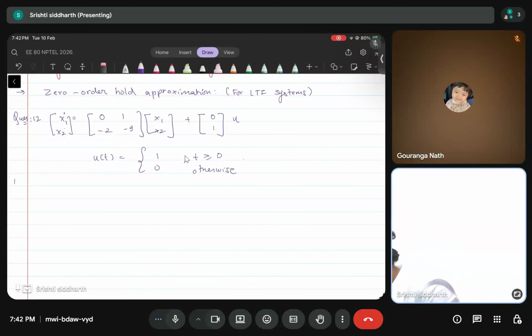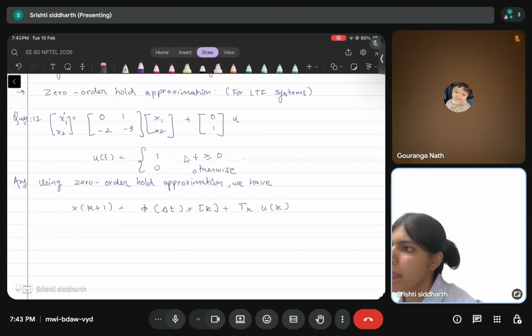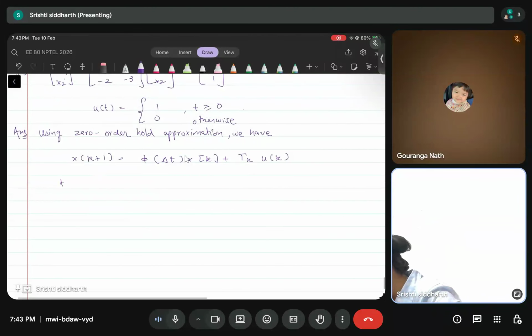So we have x at, let's say, k plus 1 is phi of delta t x k plus gamma k u k, where phi of delta t, you can refer to the lectures, is e to the power A delta t.